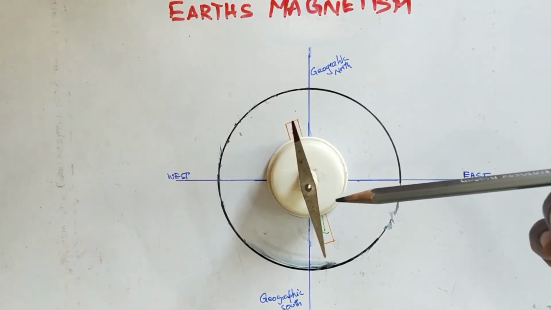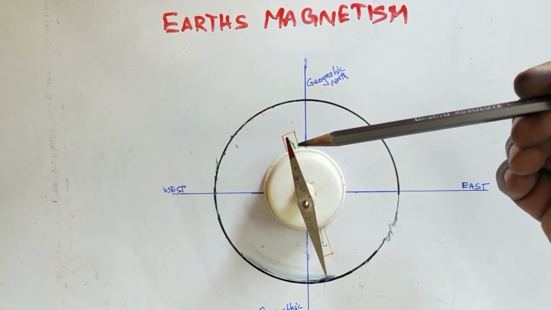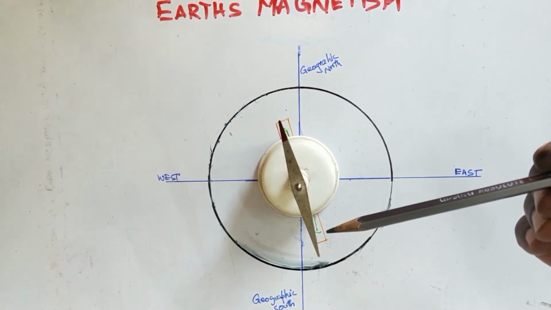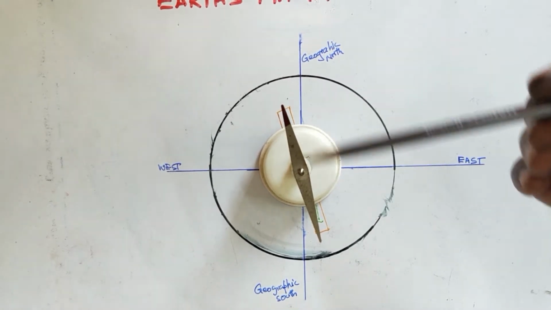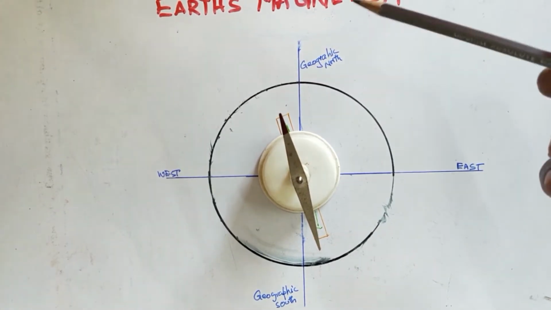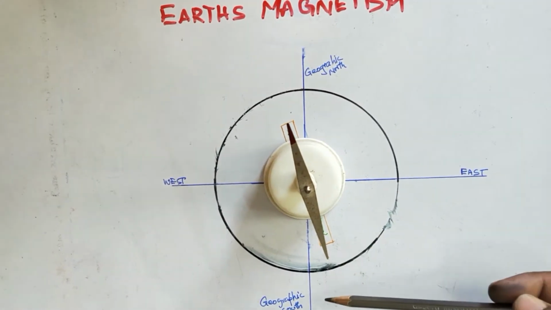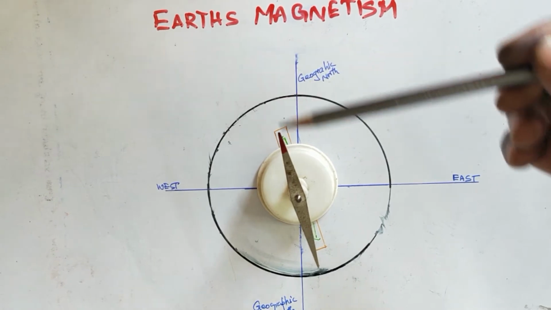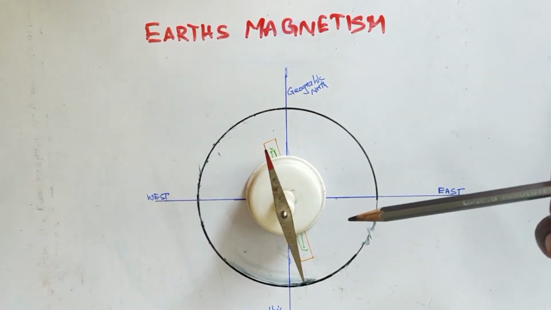The red colored pointer here is the north pole of this magnetic compass and the other end is the south pole of the magnetic compass. You notice that this magnetic compass is not coinciding with the geographical line here. The geographical north and geographical south are different lines, and the compass is making a certain angle with this one.